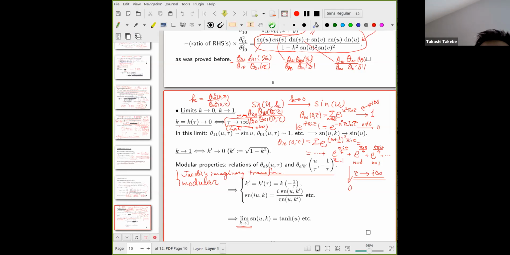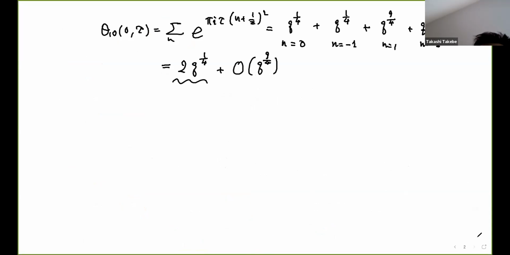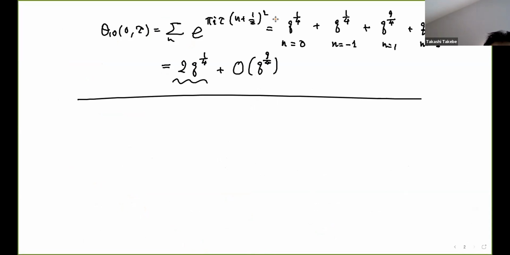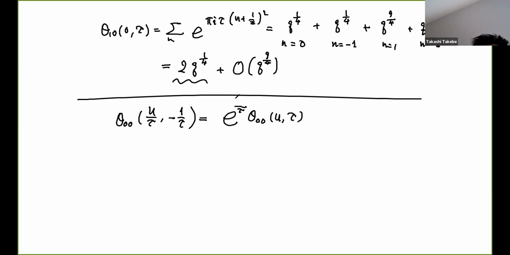In fact, for example, theta 0, 0 is almost the original theta with some correction.